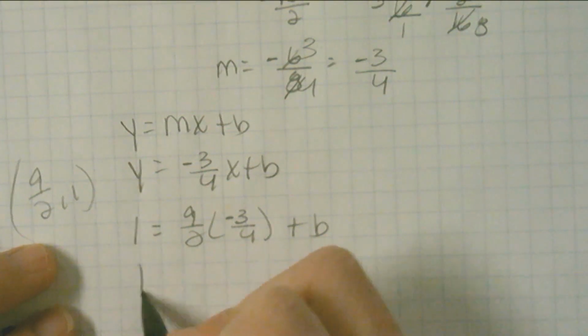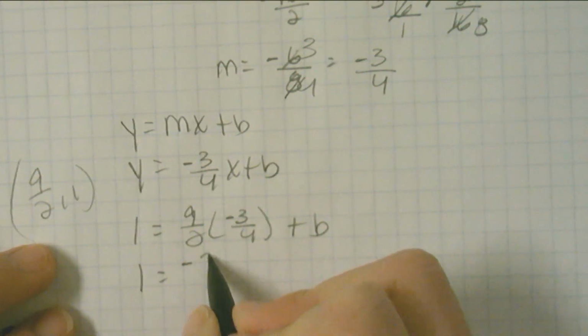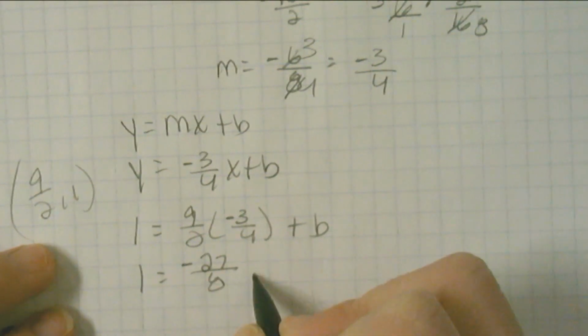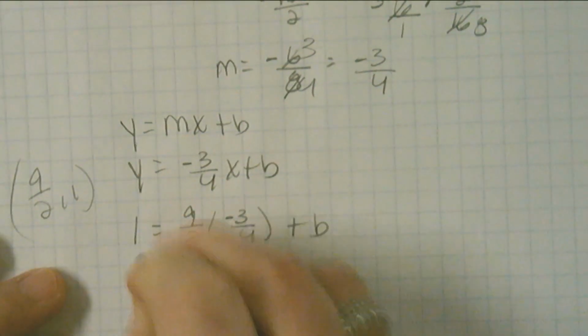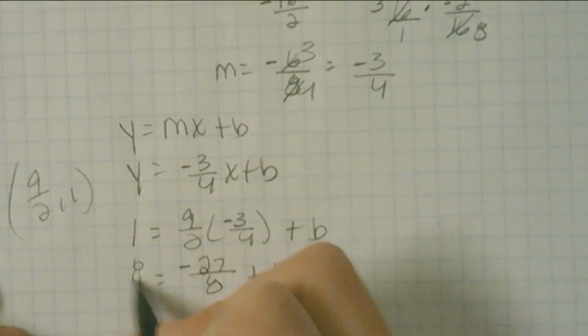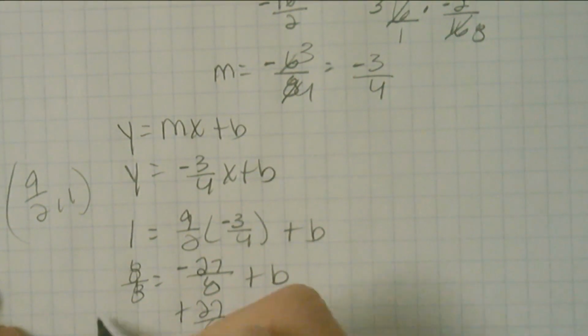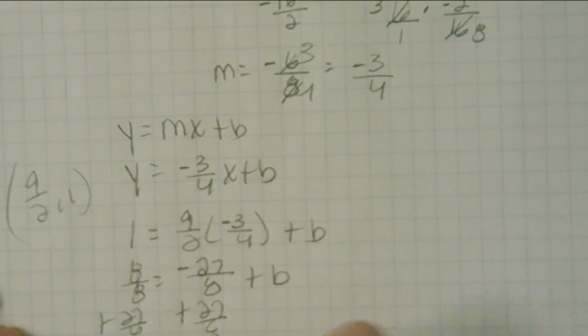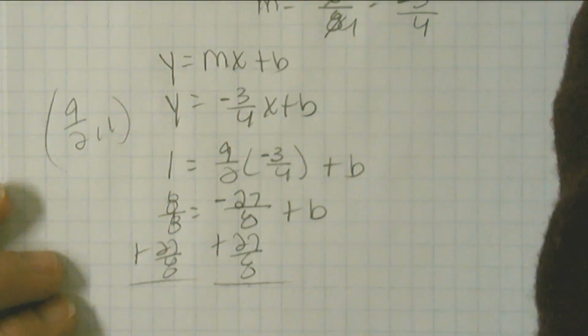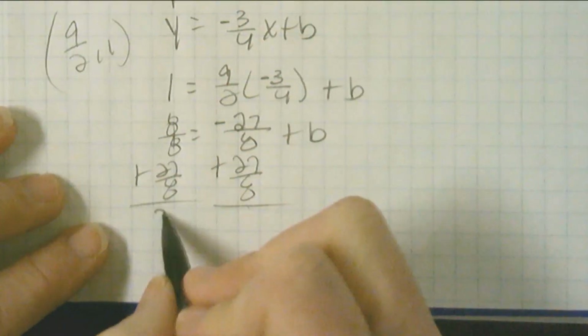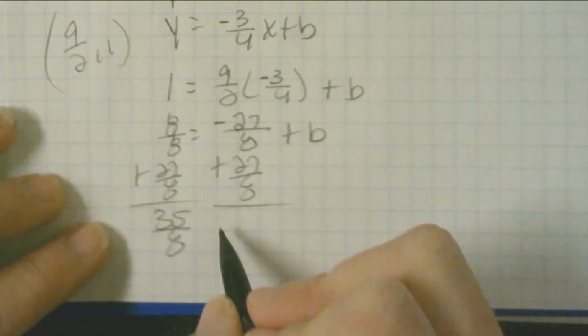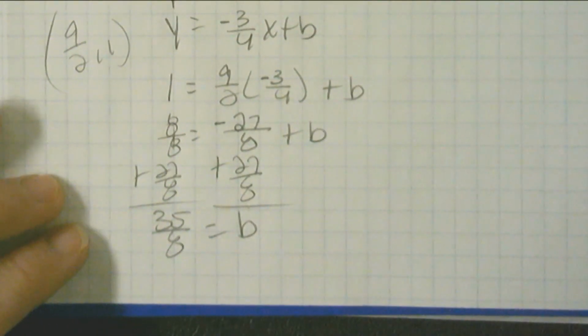So now I have 1 is equal to a negative 27/8 plus b. This 1 I'm going to turn into an 8/8. I'm going to add a 27/8 to both sides. And I end up with 35/8 is equal to b, if I did that right.